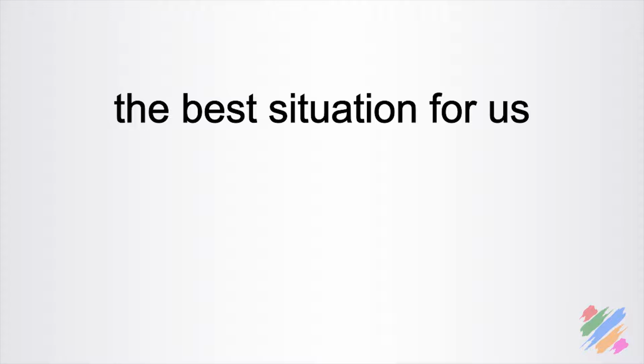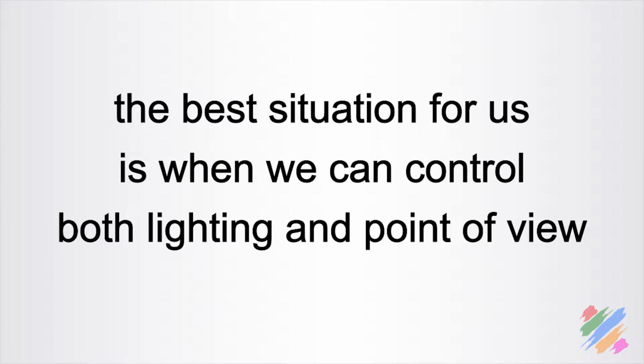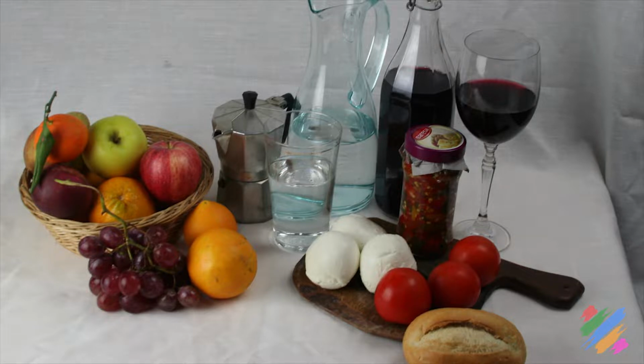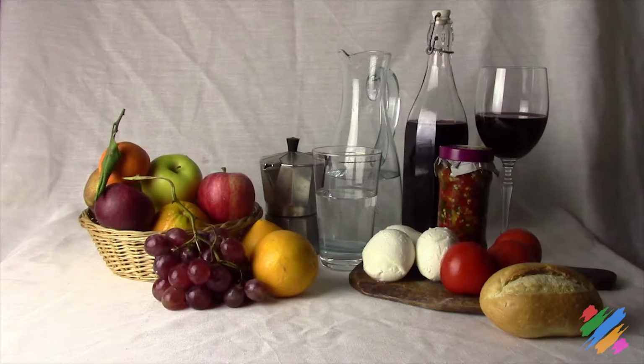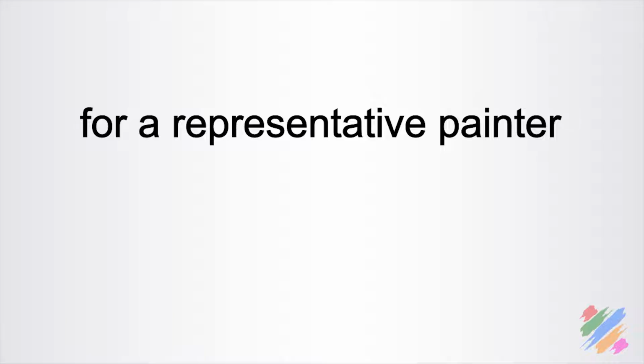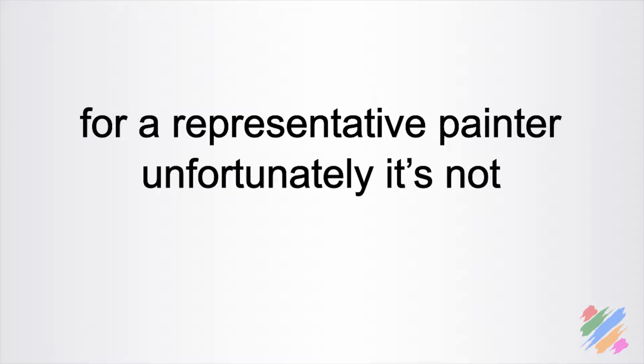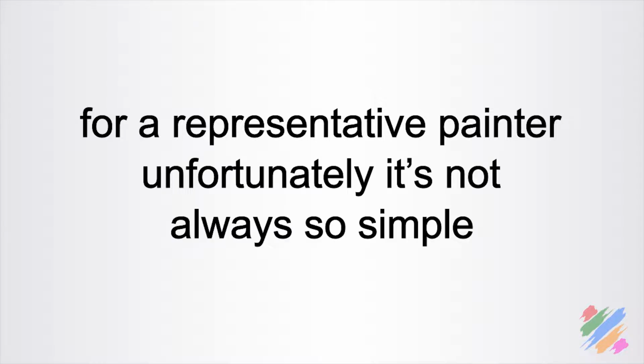A good situation for us is when we can control both lighting and point of view. For example, like in this studio scene, where we can choose the best point of view and arrange the lighting the way we want. But for a representational painter, unfortunately, it's not always so simple.